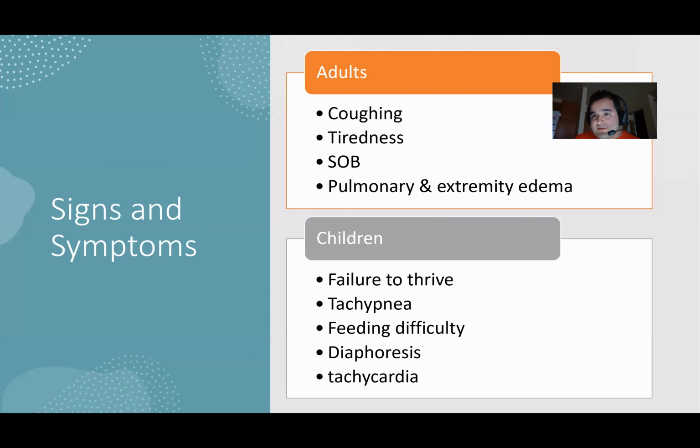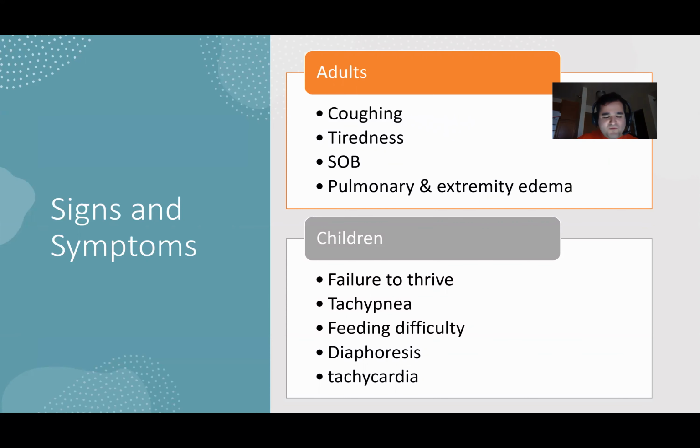So no weight gain, which is a very concerning thing. They have tachypnea, which can be over 50 breaths per minute, excessive sweating, and tachycardia that can reach over 220 beats per minute, where normally we see that 120 to 150 range. So sounds pretty familiar, right? Pretty much any other sick kid that we would see in a less than 1 year old.